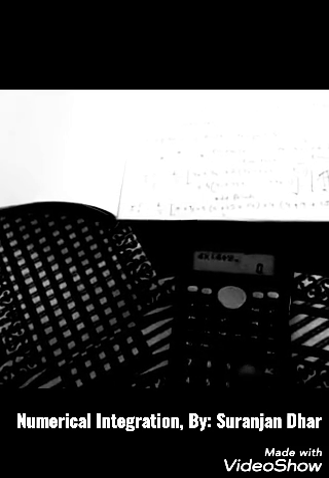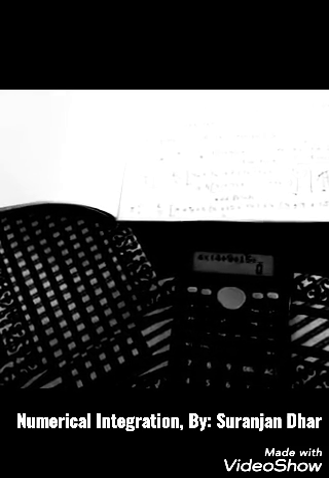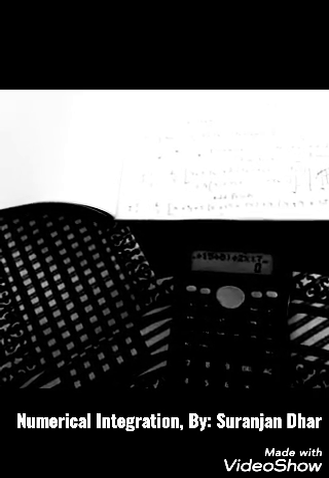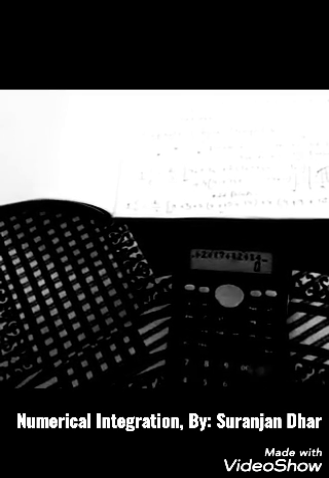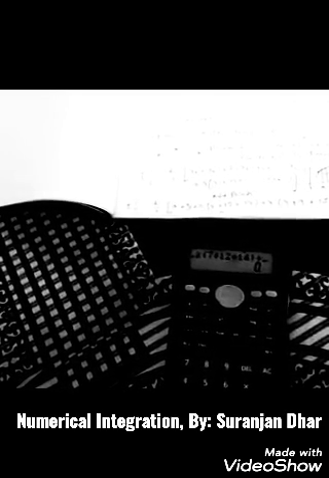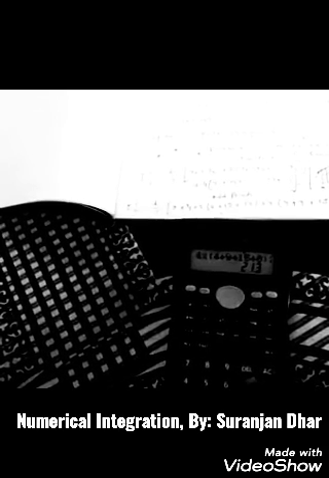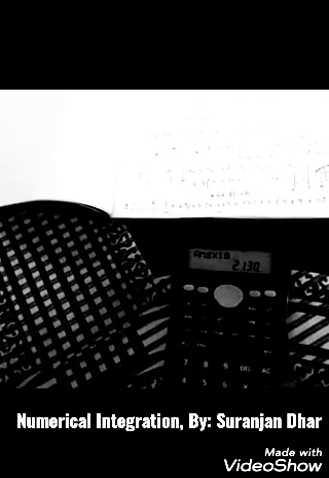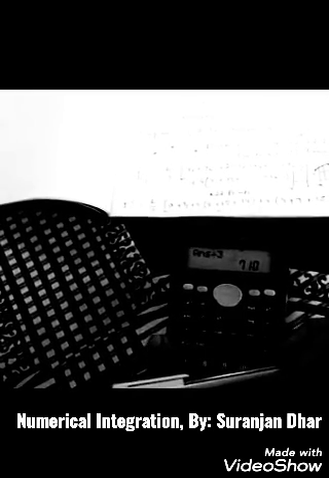So after that it is very easy: 4 into (4 plus 9 plus 15 plus 8), plus 2 into (7 plus 12 plus 14), plus 3, into 10, divided by 3. It gives 710, so it is 710 square meter.